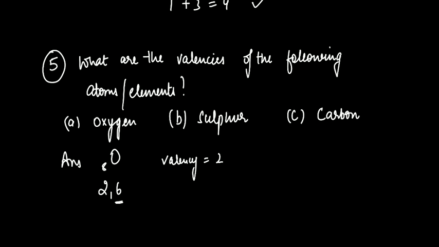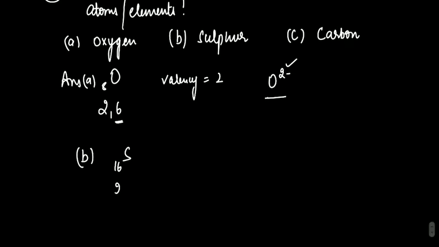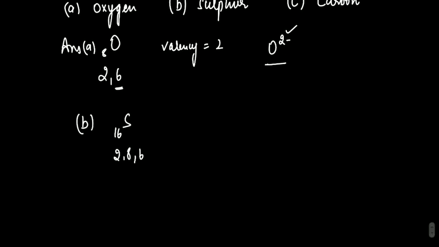Or you can remember it from this, if you have memorized O2 minus, this number indicates the valency of oxygen, the oxide part. So this is the A part, B is sulfur. Sulfur atomic number is 16. So this is 2, 8, 6, 6 valence electrons.